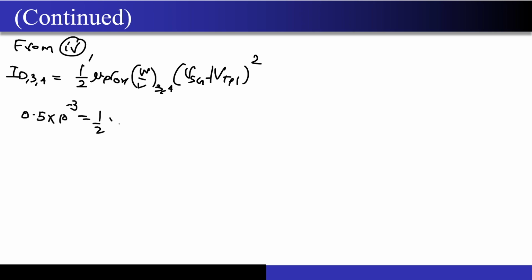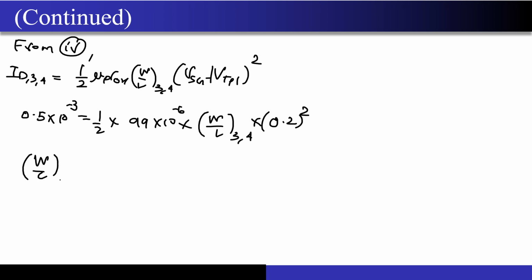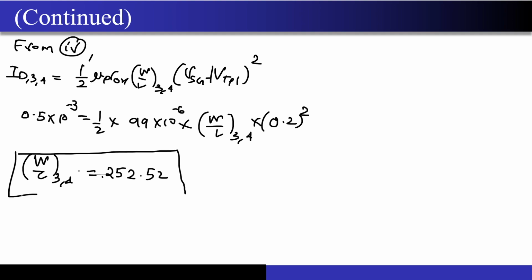What is mu p Cox? 99 into 10 to the power minus 6, and the W by L ratio we have to calculate. And the overdrive we got is 200 millivolts, right? If you calculate this, the W by L ratio of 3,4 will come out to be around 252.52. We got the W by L ratio of these two transistors. Similarly, I will write from 3.